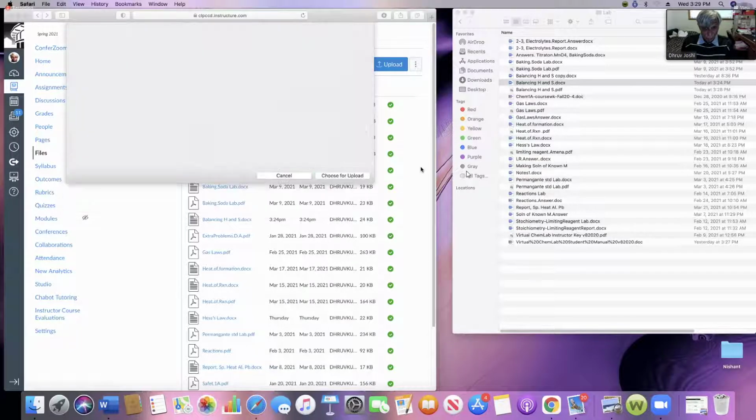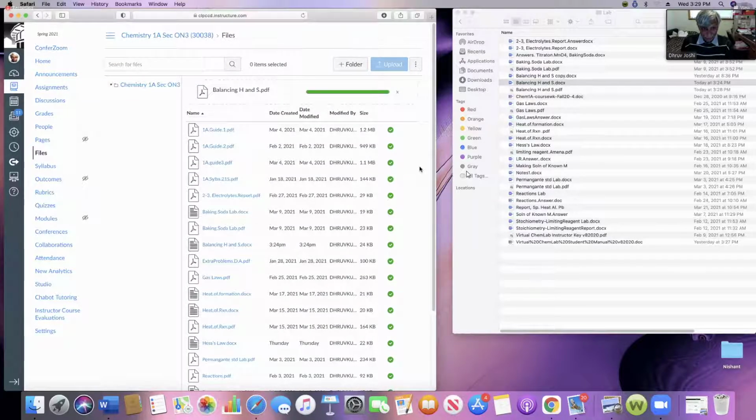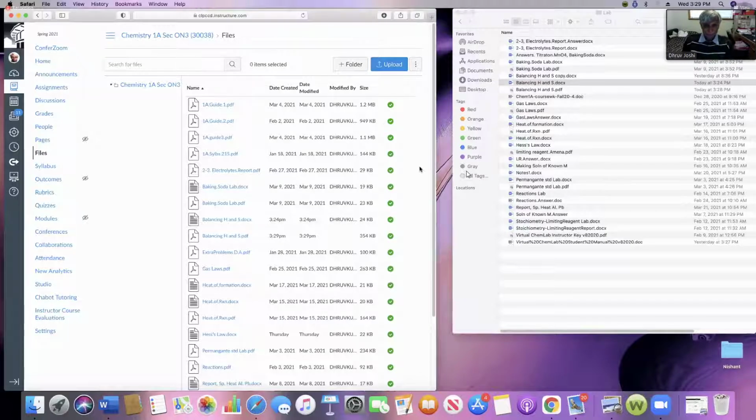Choose for upload. And here we have it. All right. Hooray for modern technology. It's quite something to just take a document and move it from here to there. Yes, very easy, but you think about all the things that are involved in there. Wow.